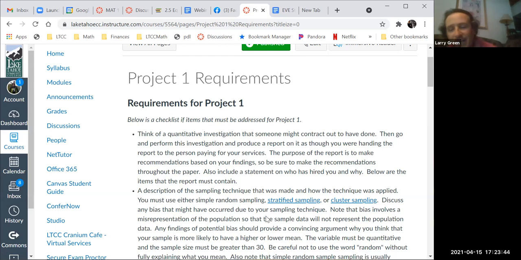Because we're in times of COVID, most of you will probably do this as an online survey. The only reason you could do this as an in-person survey would be if it had to do with your work and you're communicating with people in your work anyway. For example, if you're a nurse working in a hospital, you can look at data from patients.